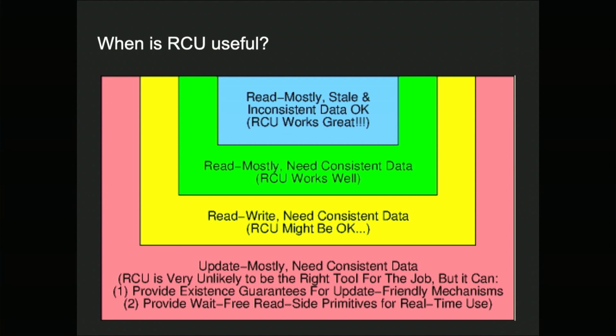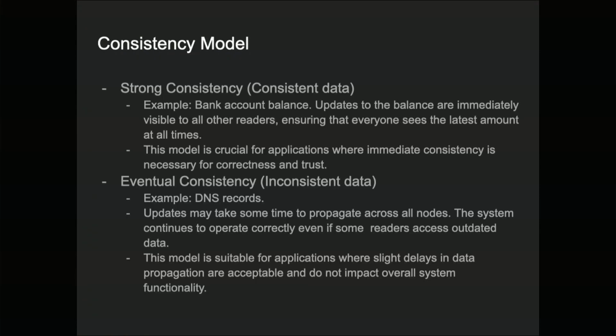This brings us neatly to our next topic, the consistency model. Strong consistency, or consistent data, means changes are immediately visible to everyone. For example, in a bank account system, any change in the balance is instantly reflected once the customer deposits or withdraws money.